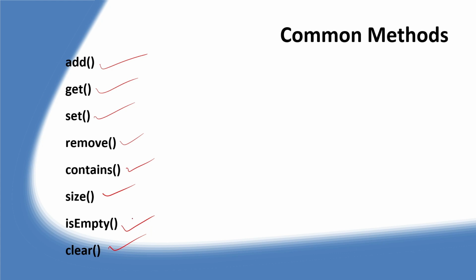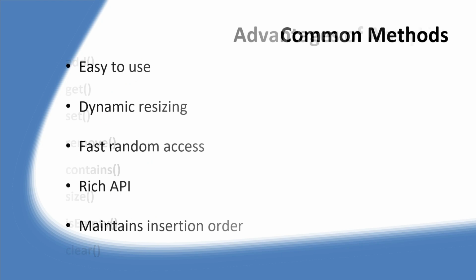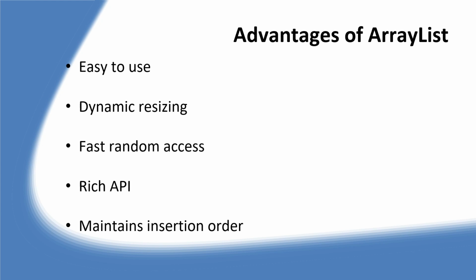Let's see some advantages of ArrayList. ArrayList offers several advantages. One of them is dynamic resizing. Just now we have seen one example, right? It will automatically resize based on the number of elements. It is simple to use and has fast random access. Why fast random access?